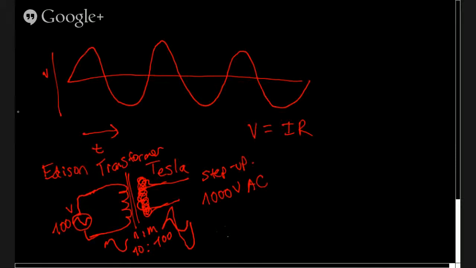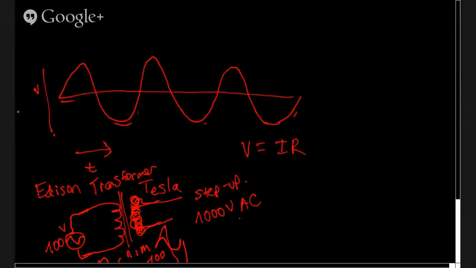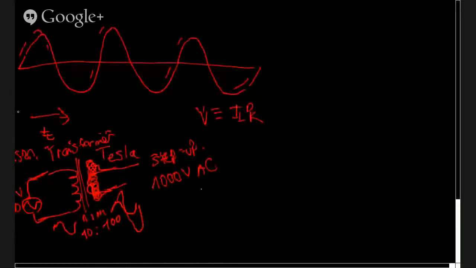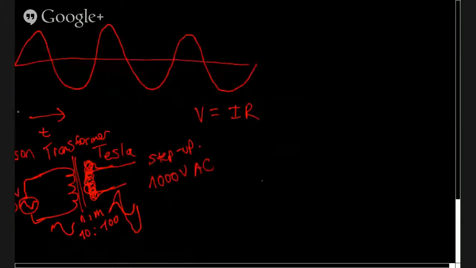It gets generated at the station and stepped up to several thousand volts AC, and travels over much thinner wires than would be required if it was going to be 120 volts all the way. And then gets stepped down outside your house, probably at a substation, before it gets to your outlet.